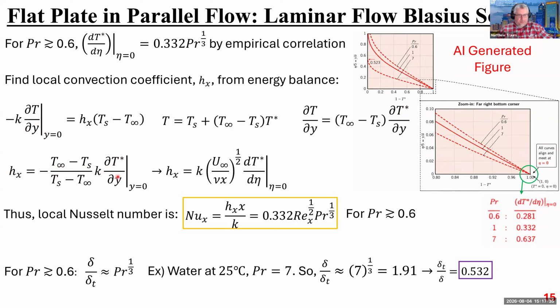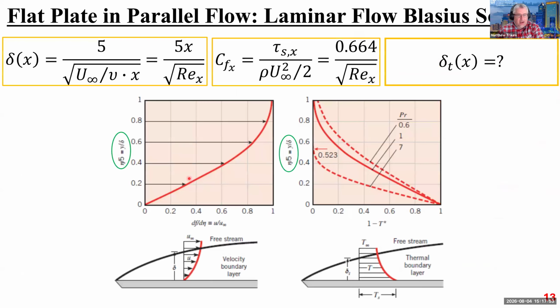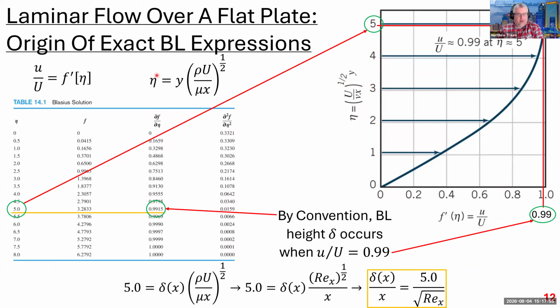And then I'm going to go from y, which is my dimensional height, to eta, which is my similarity variable height. How do I do that? Remember, where's eta? There it is. Here's my eta equation.